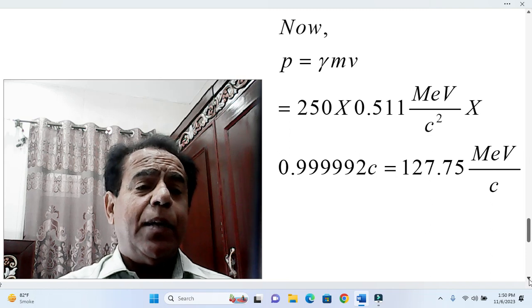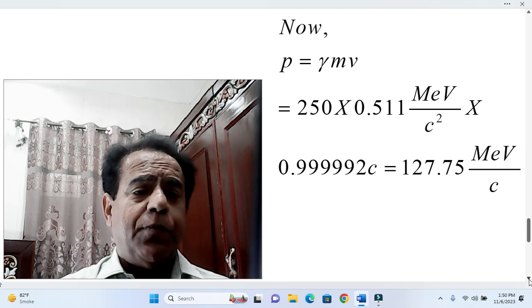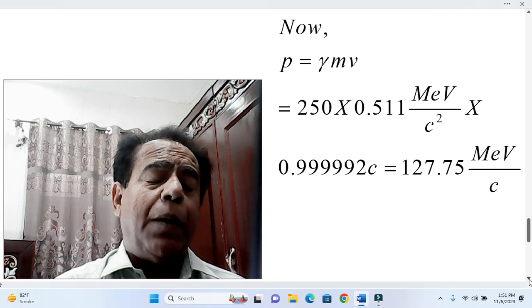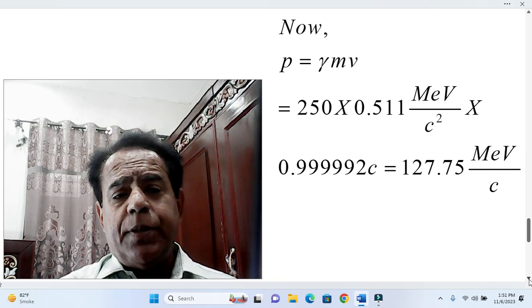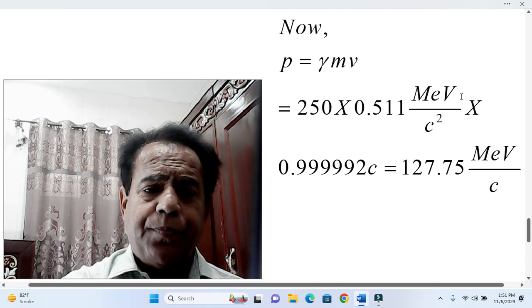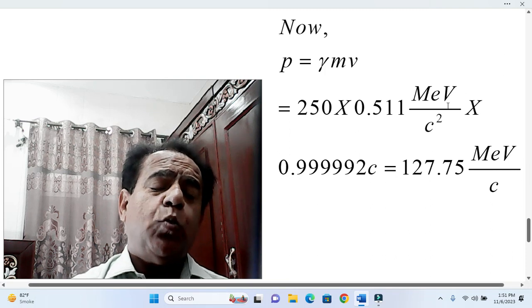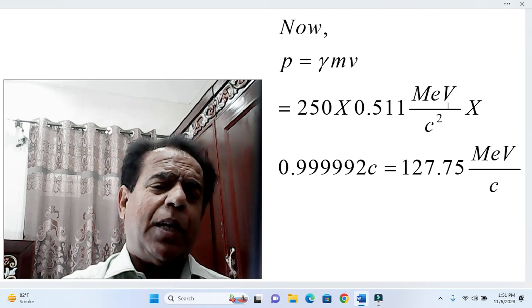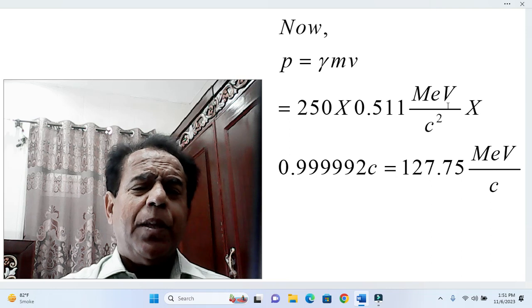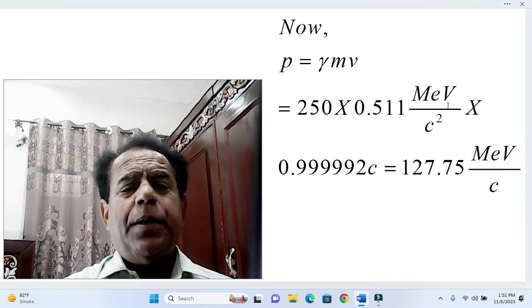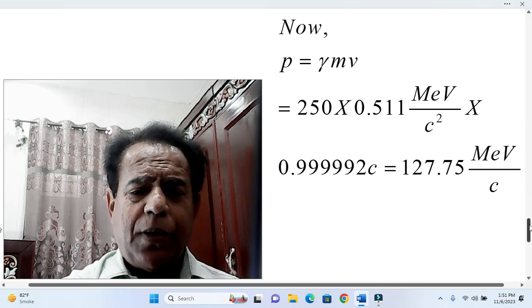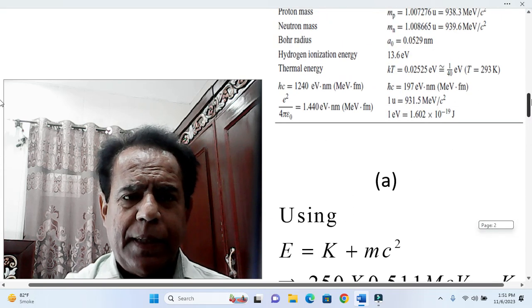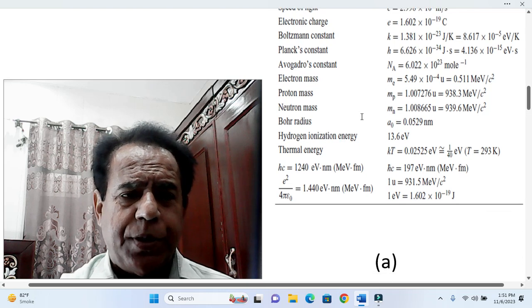We have already calculated the value of gamma, which was 250, and here the value of m we are using from the table, in which the rest masses of electron, proton and neutron are given. For the time being, we once again go to that table.